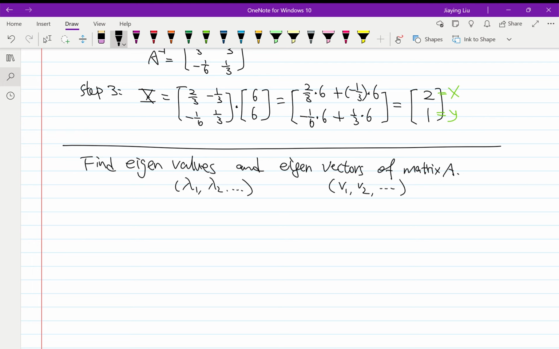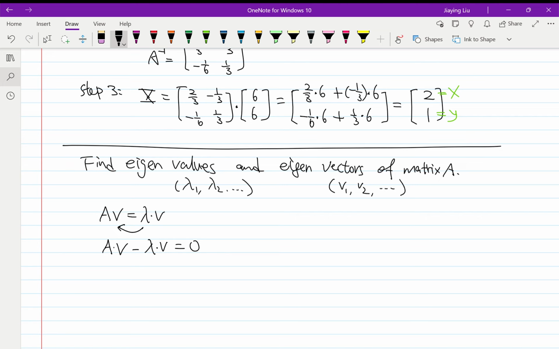To begin the process, I want to do a little bit of background. By definition, eigenvalues and eigenvectors satisfy the equation A times v equals lambda times v. Then we can rearrange this equation by moving the right-hand side to the left. So you have A times the vector minus lambda times the vector equals 0.